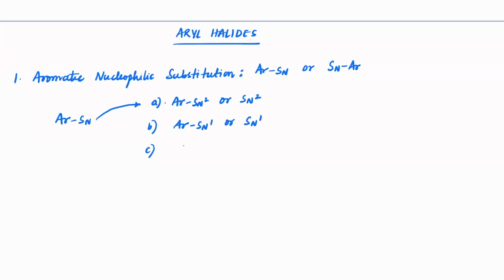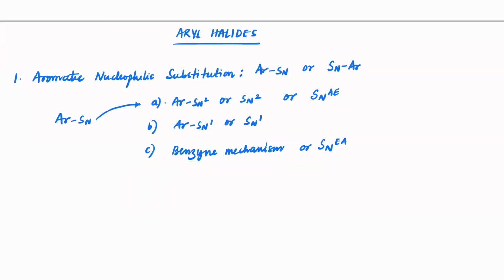And then we have ArSN, which we call the benzyne mechanism. Now, this ArSN2 is also written as SNAE, which is addition elimination, and the benzyne mechanism is basically elimination addition. So within Ar, these are the three types of nucleophilic substitutions which you will possibly see.